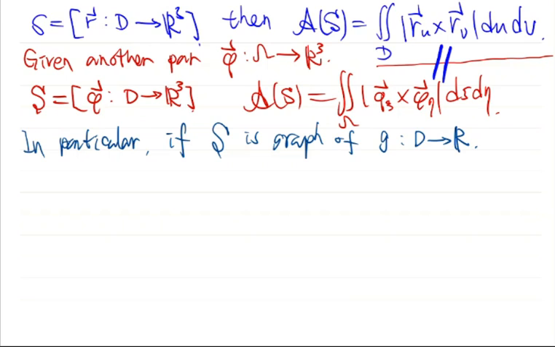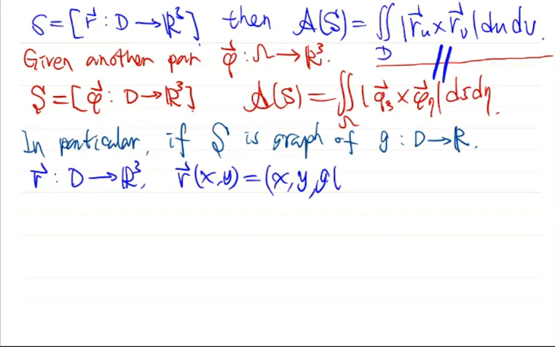In this case, the parametrization can be taken as R of xy to be xy g of xy. So for the partial derivatives, we already computed this result before.